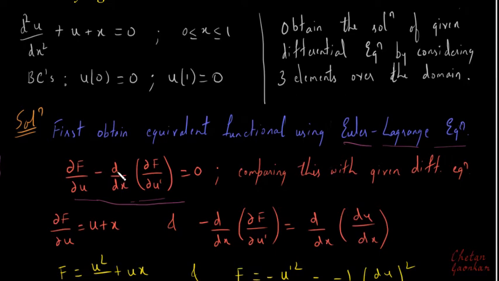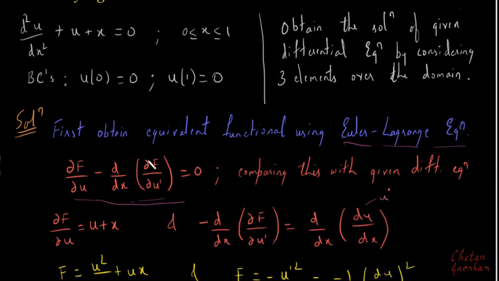And how we can do that is, I will bring out one derivative here, and then this will be du by dx, which is nothing but u dash.